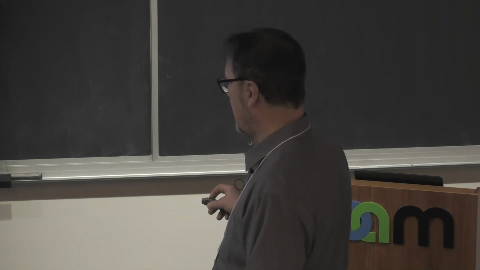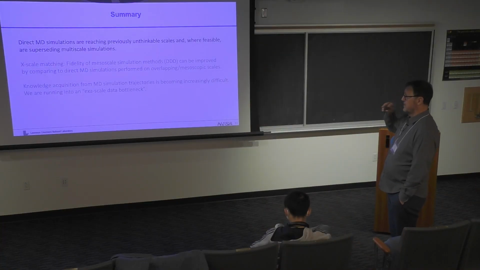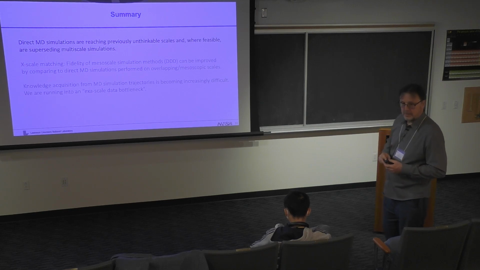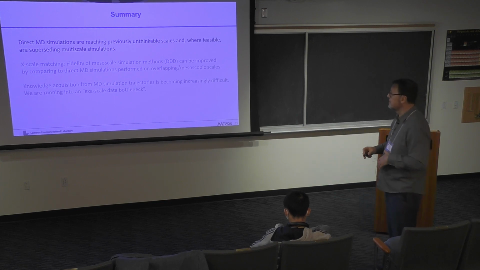So, that brings me to my summary. Direct MD simulations are now reaching length and time scales that were previously unthinkable. And in our context, they're superseding multi-scale simulations. We can actually afford to do things with just straightforward MD.